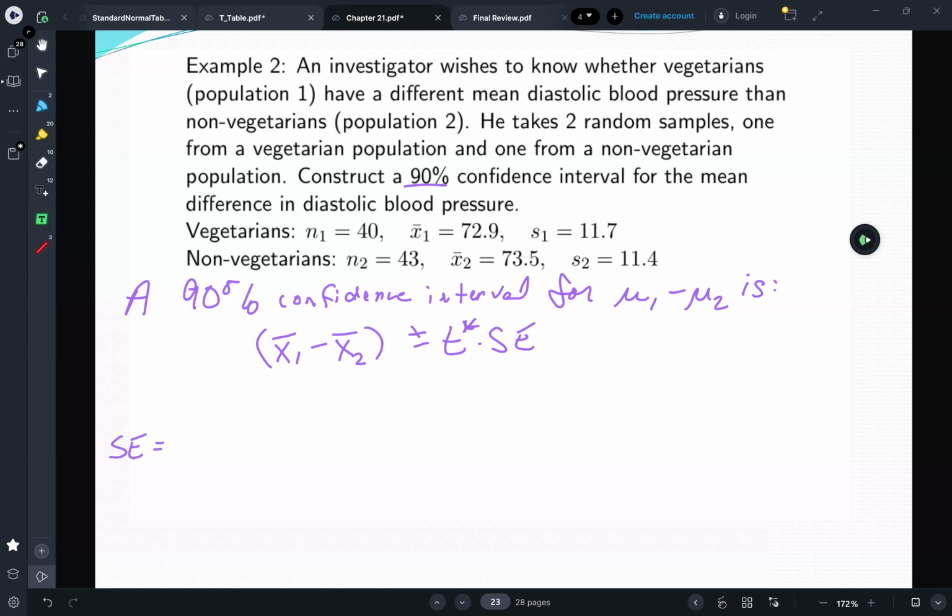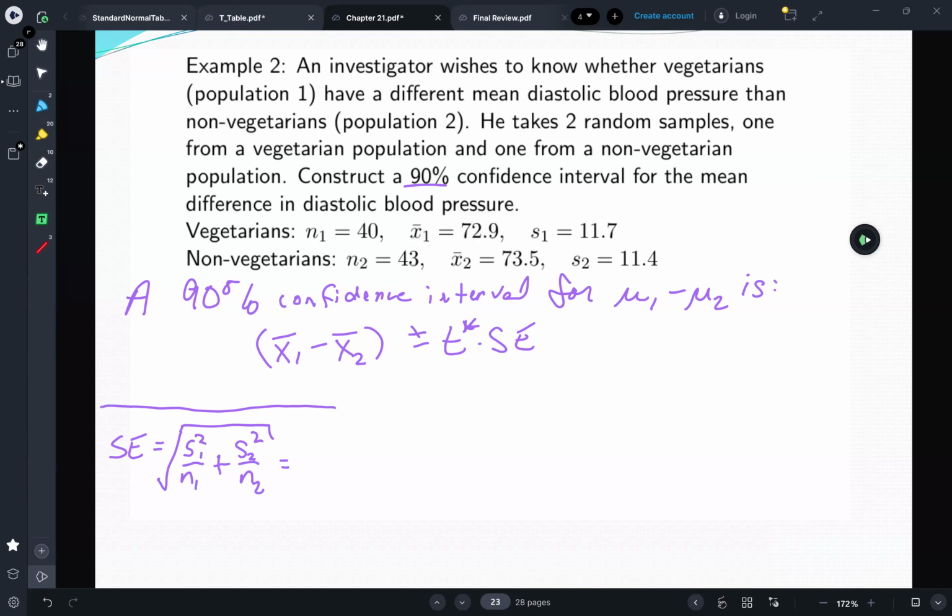You'll see in the formula sheet, the standard error is everything, well, it's right here, everything with the square root. So S squared 1 divided by N1 plus S squared 2 divided by N2. Right. And we can just do that as an aside.